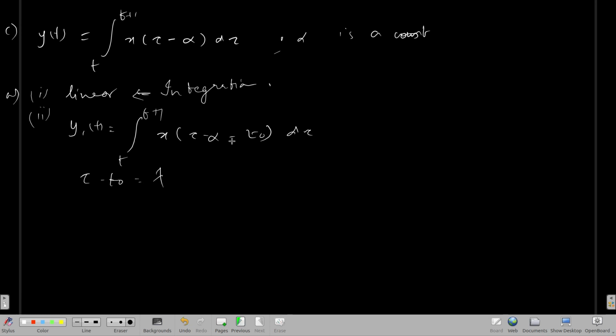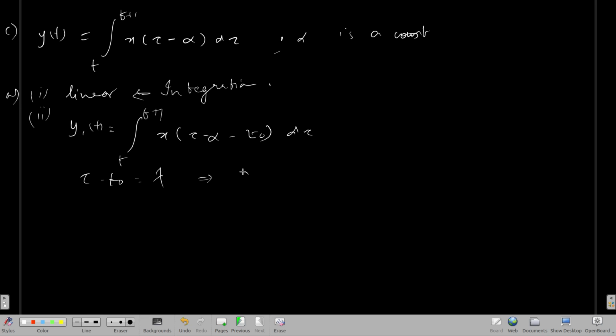I am not considering alpha because alpha is a shift which is already present in the definition of the system, so we don't have to care for that. We'll just take the variable of integration and the shift we are introducing, only that we'll be touching.